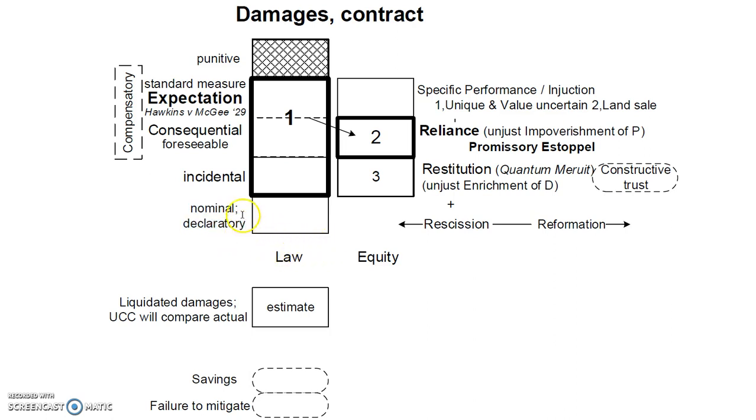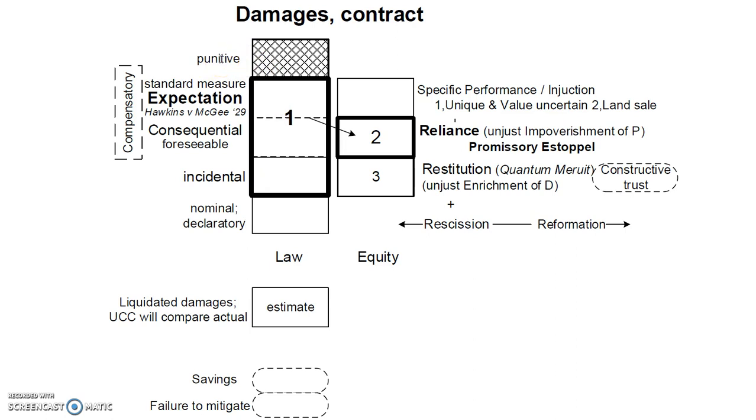This is certainly of a lesser and nominal, minuscule sort. So they are shown here for the table to be complete, but this type of damages is relatively of minor consequence.